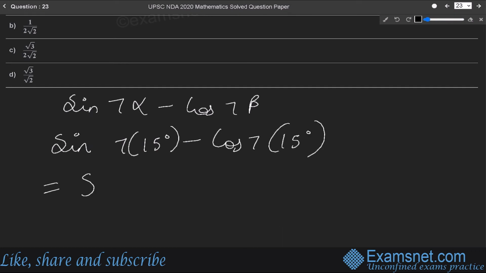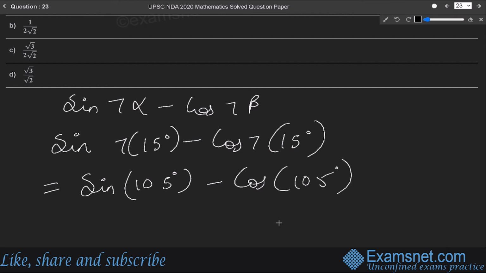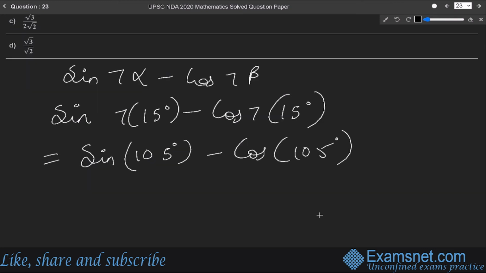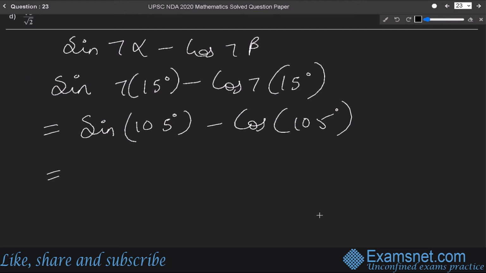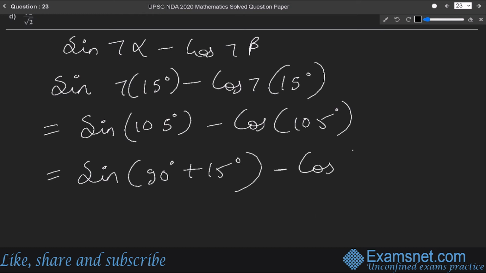Now it will be sine 105 minus cos 105. Now we can write 105 as 90 plus 15. Similarly, here also we can write it as 90 plus 15.